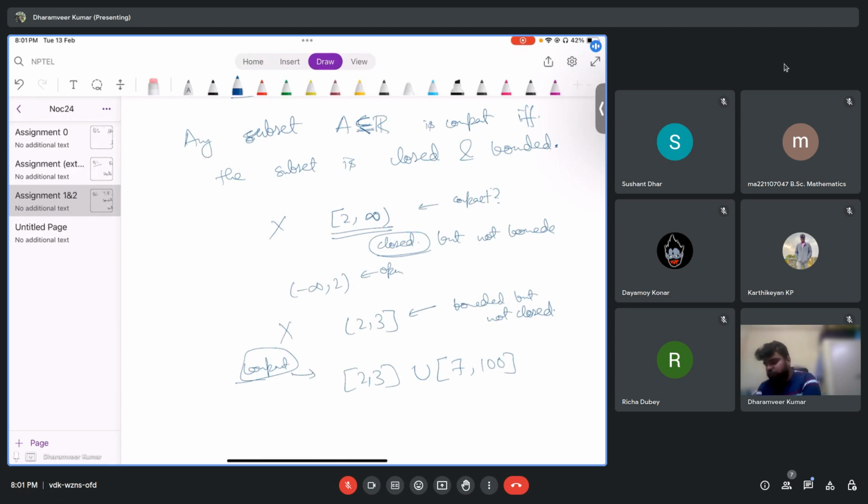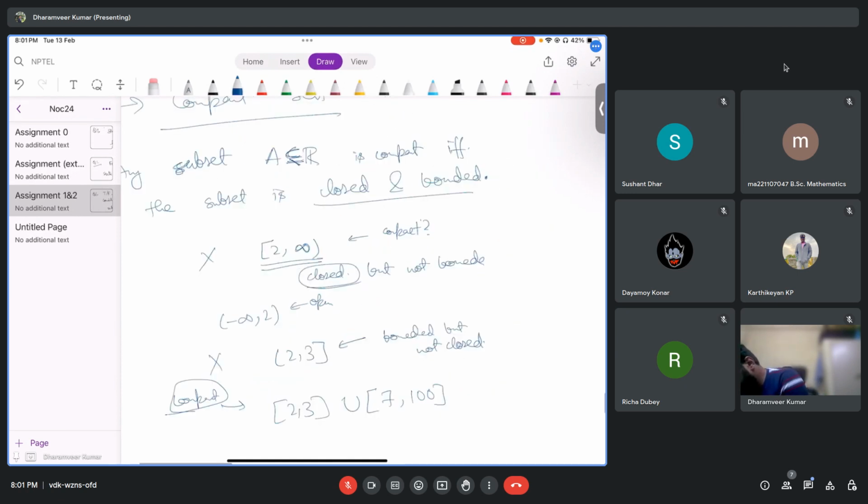In fact, this is true for every Rn, like R2, R3. If it's closed and bounded, like a closed ball, a sphere, it is compact. But in general, for higher dimensional spaces, that is not true.